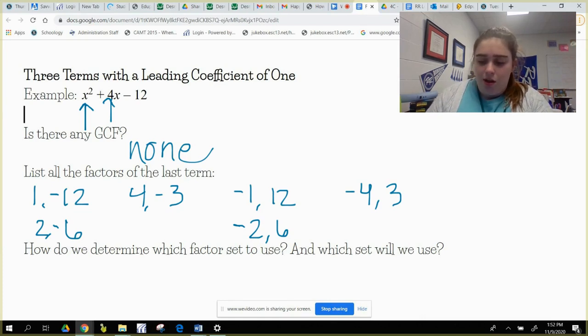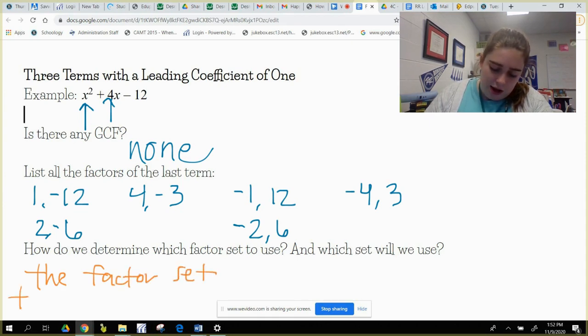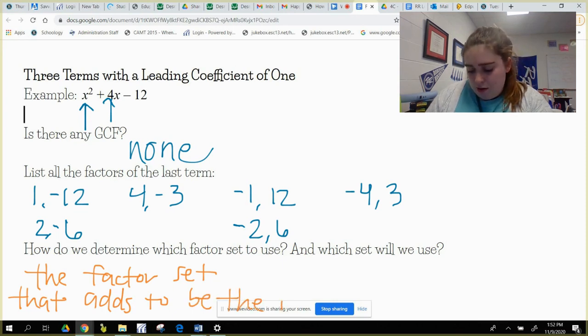So I'm going to make a note of that. So y'all can make a note on your paper: the factor set that adds to be the middle coefficient.